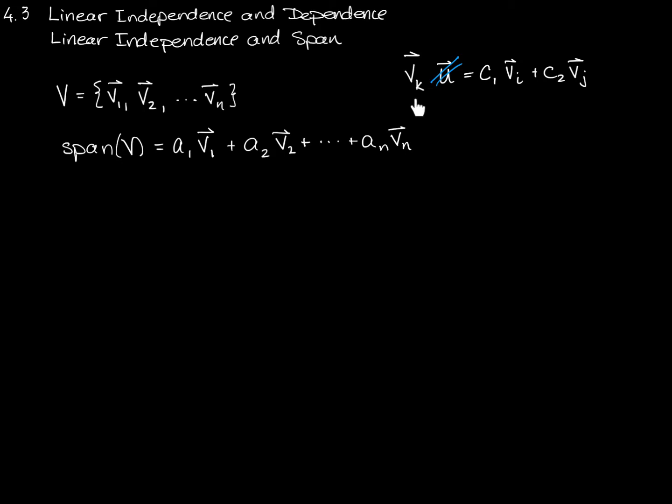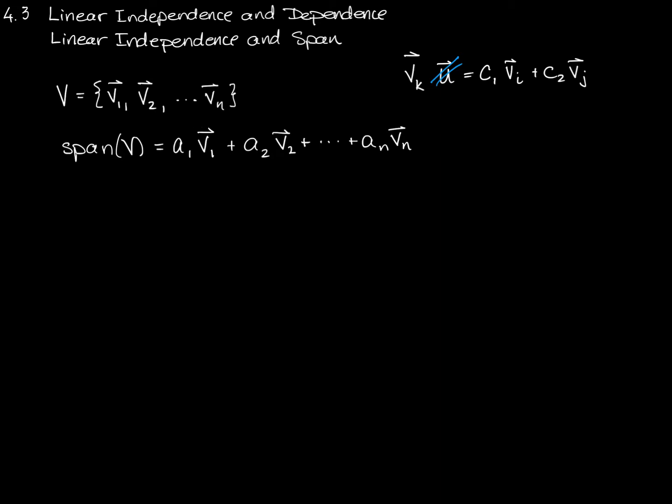And that means that v sub k, which is a linear combination of these vectors, is in this set of vectors. And that means that this set of vectors is linearly dependent. So I can say this: a set of vectors, like this one here, is linearly dependent if at least one of the vectors in that set is in the span, it's a linear combination, is in the span of the other vectors in the set.